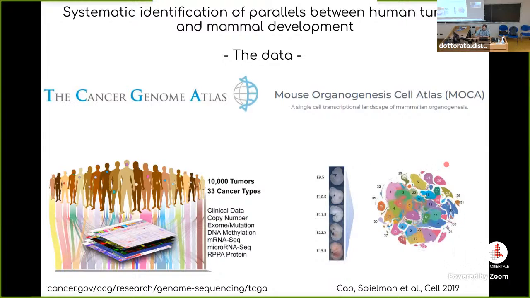And one more brief note about the introduction. What you can see here is a t-SNE representation of single cell data. Single cell data are very dense on two levels.